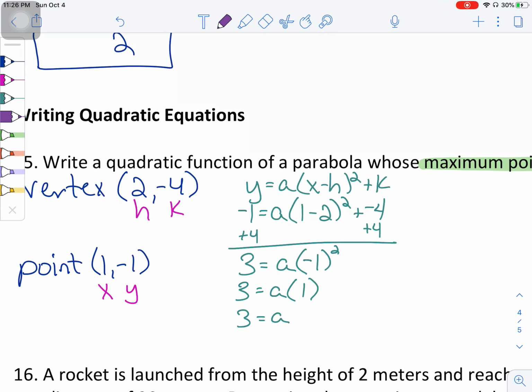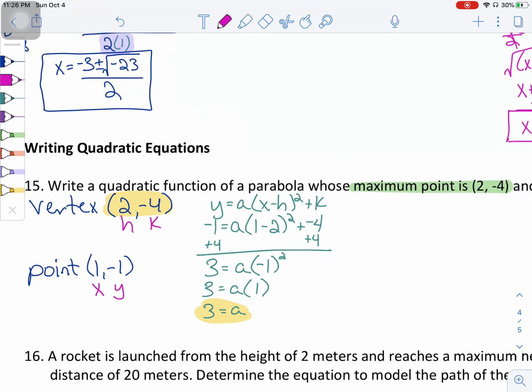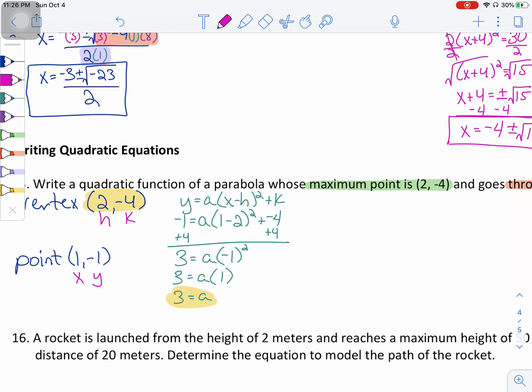So now I'm going to use this a value that we just found and this vertex point to write the actual equation. I'm still going to use this vertex form that we have here, but instead of a, h, and k, I'm going to use the actual values that I know. You can either write y or f of x. I tend to do f of x when it refers to a function.